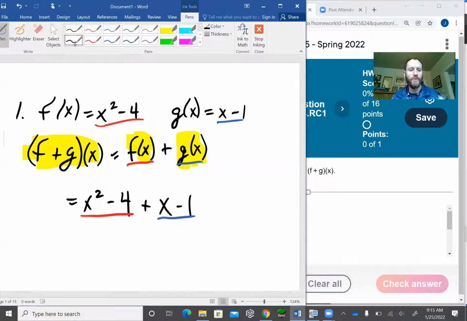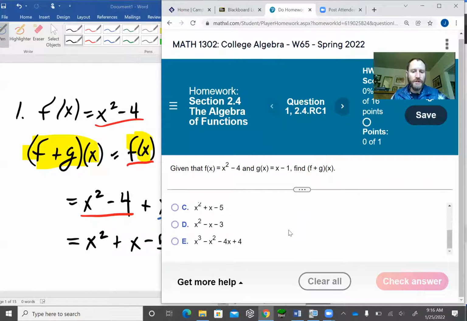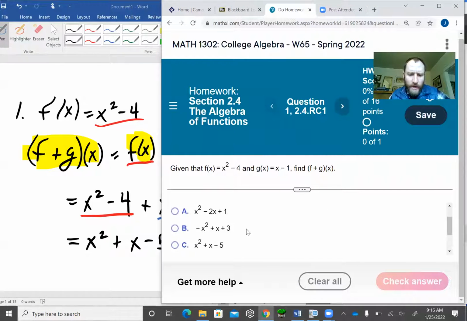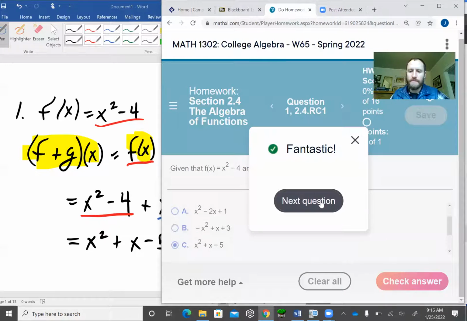And then at this point, like I said, you're just collecting like terms. So there's only one x squared term, so I'm just going to bring down x squared. I'm going to bring down plus x. All I can do is minus 4 minus 1, that's minus 5. And that is it. Fairly straightforward on the function addition. So now we've got to pick out our answer, which is x squared plus x minus 5.